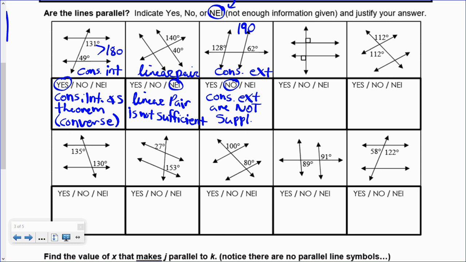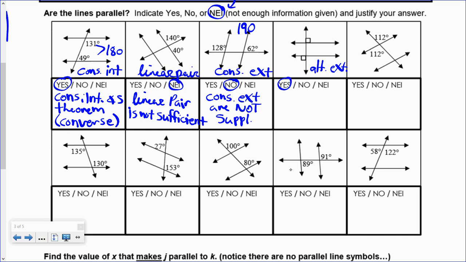Is everybody with me on the first three? You have one example of each so far. All right, what about the next one? Which type of angles are those? They're alternate exterior. What should be true about alternate exterior angles for the lines to be parallel? They should be equal. Are they? Yes, they're both 90. So would these two lines be parallel? Yes.